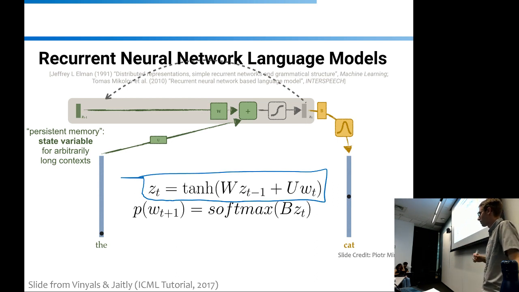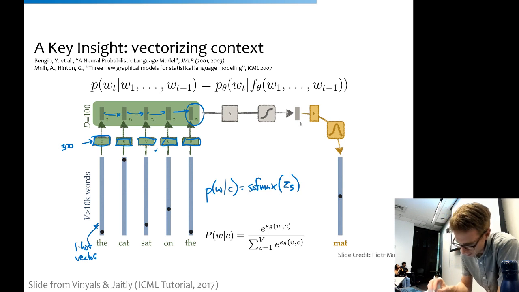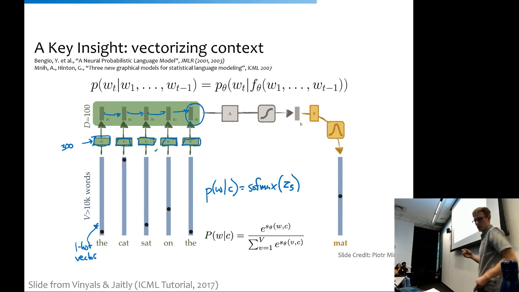Yeah? Can you just go back once and explain what the C was? So you said W given C. Yeah, sorry. The slide's notation is using C to denote the context and W the next word.